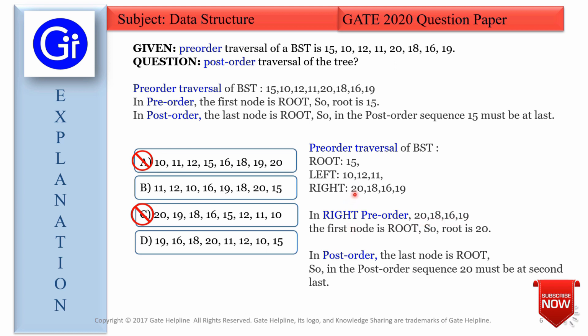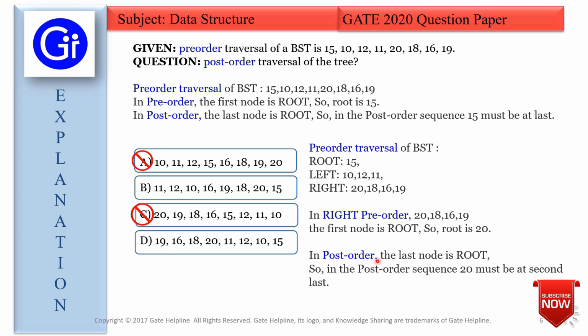Here also, the first node will become the last node in post-order traversal. The first node is root, so root is 20. If we do post-order traversal of this subtree, this root will go at the end. So before 15 in this sequence we should have 20.